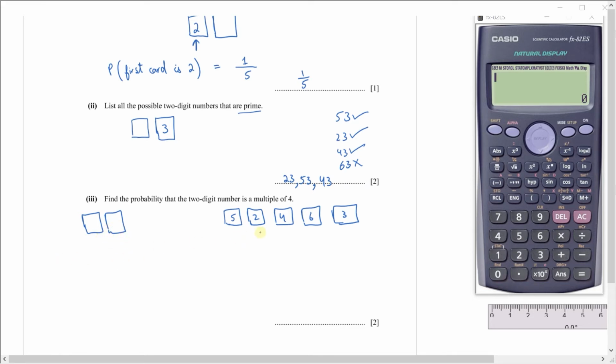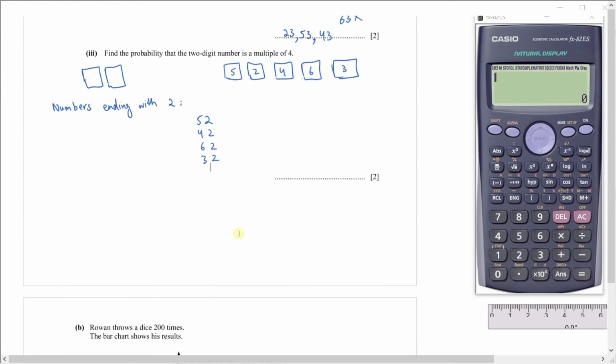So let's start with numbers ending with 2. So if you have 2 here, you could have 5 with it, 52. If you have 2, you could have 4, 42, 62, and 32. And then you have numbers ending with 4.